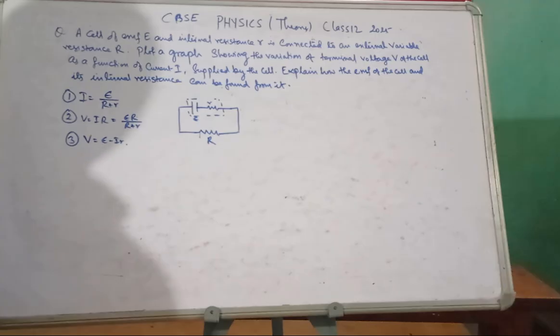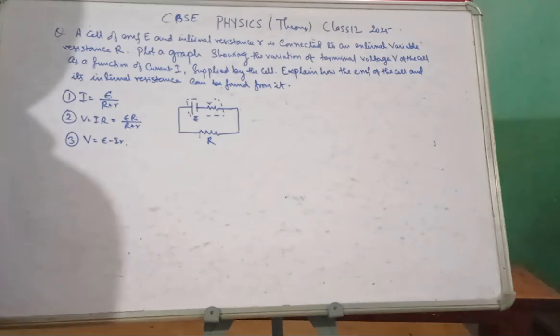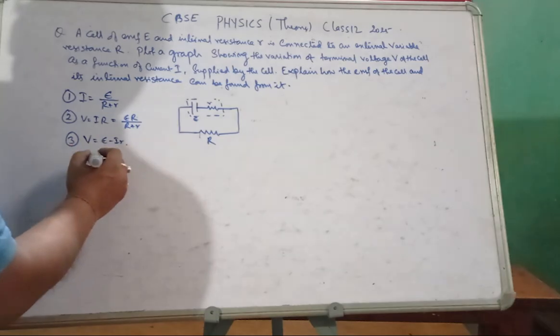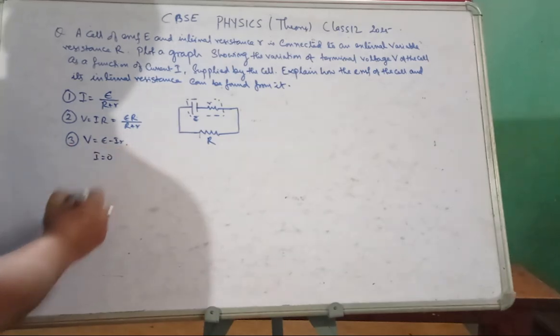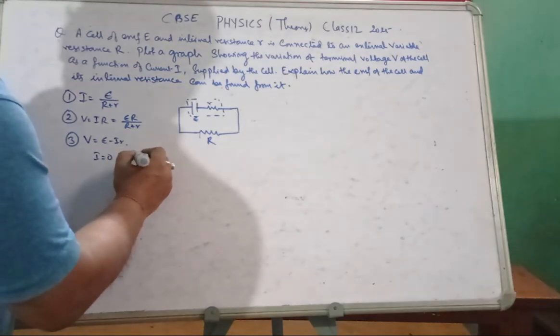So we have to draw a graph. What conclusion are we going to get? If I is equal to 0, then V is equal to epsilon.